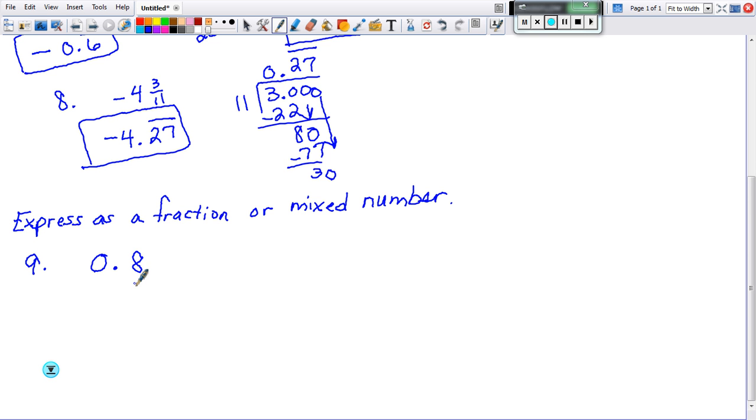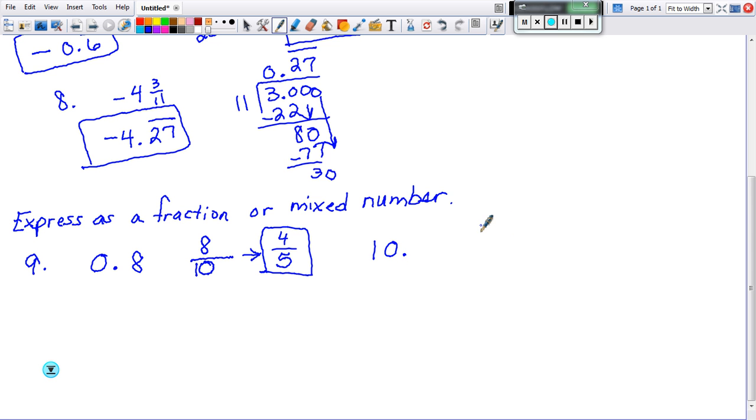Okay, so how many numbers after the decimal? You always want to make a fraction and put a 1 on the bottom, and then count how many numbers are after your decimal, and that's how many zeros go after your 1. So since there's one number after my decimal, I'm going to put 1, 0. And then the number that's after the decimal goes up top. Now you do have to simplify them. Since these are even numbers, you can chop them in half. So half of 8 is 4. And half of 10 is 5. So 4/5 is the answer to number 9.